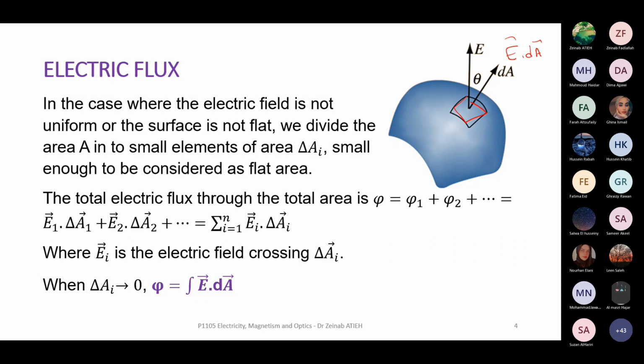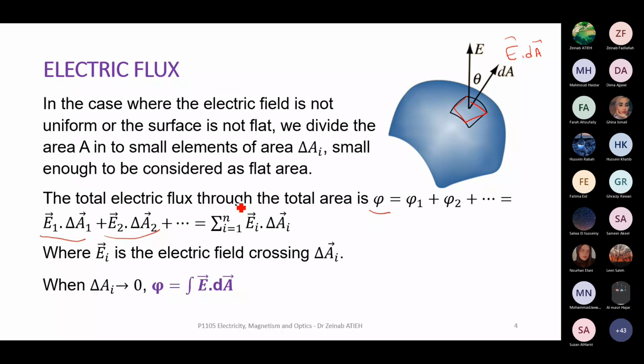So to find the total electric flux crossing my area, this blue area, I add all the small elements, all the electric fluxes crossing the small elements of area delta A i. When I add all of them, I get the total electric flux. So as you can see, phi is equal to E1 delta A1 plus E2 delta A2, etc.